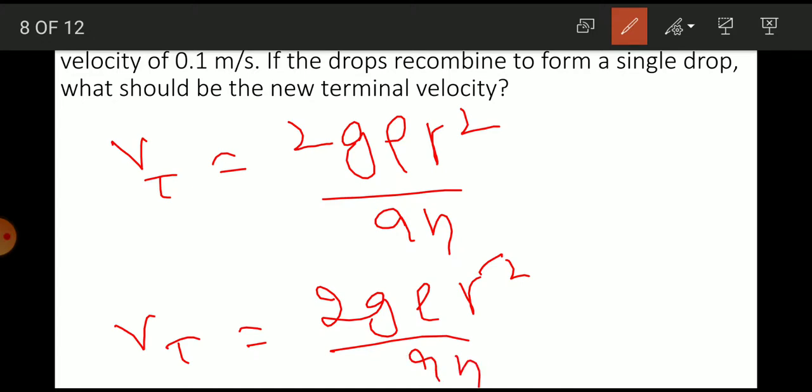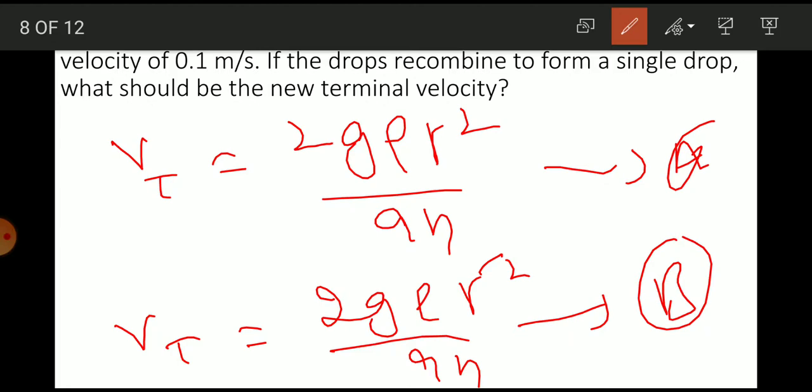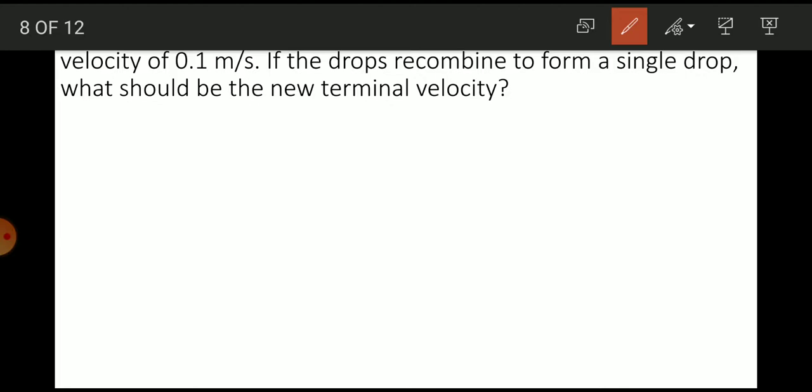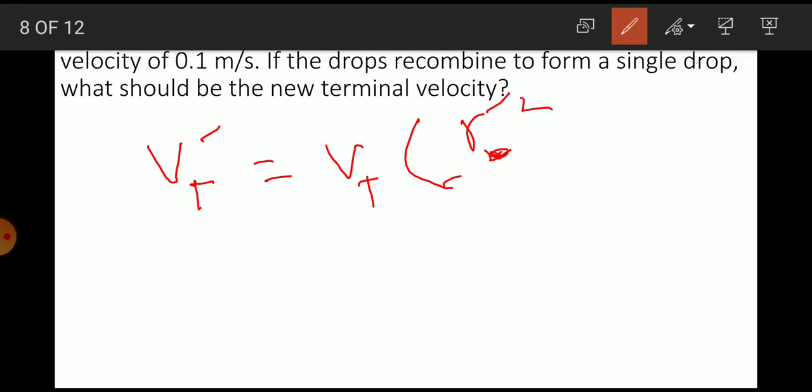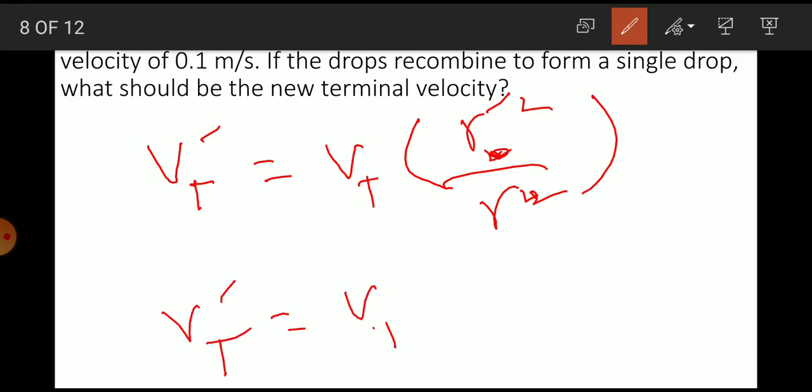Dividing equation A by equation B and simplifying, Vt prime is equal to Vt r prime square divided by r square.